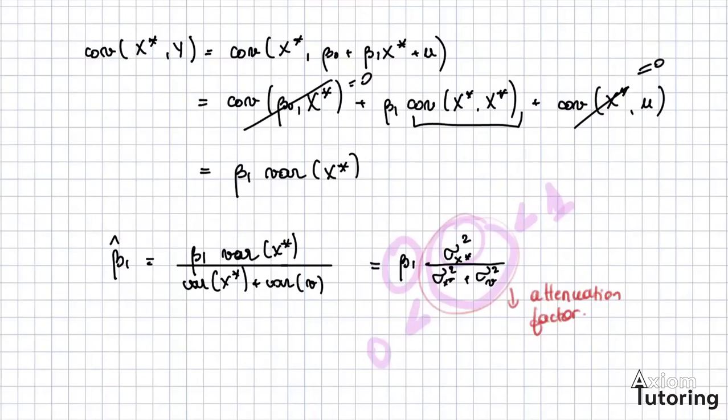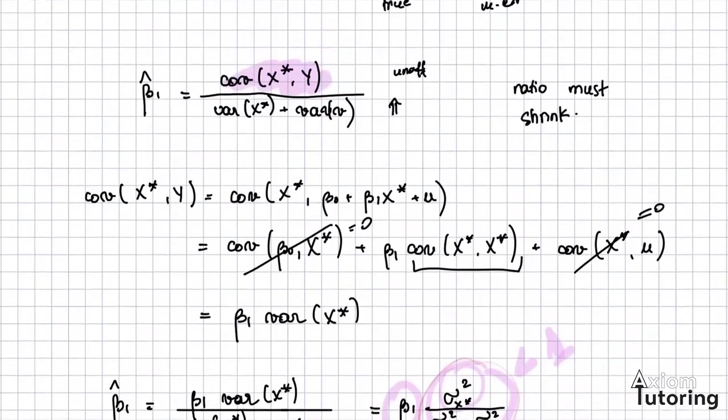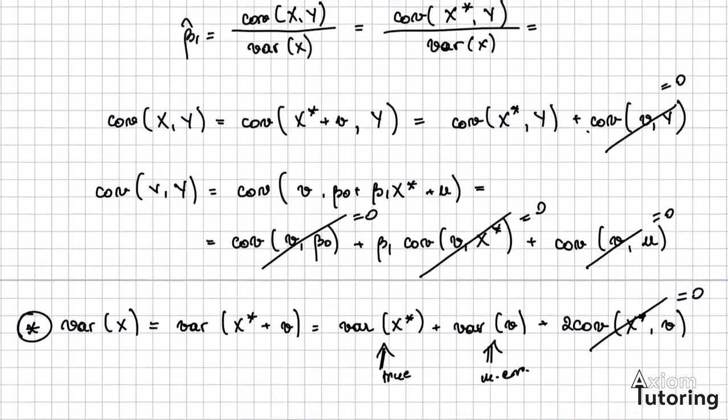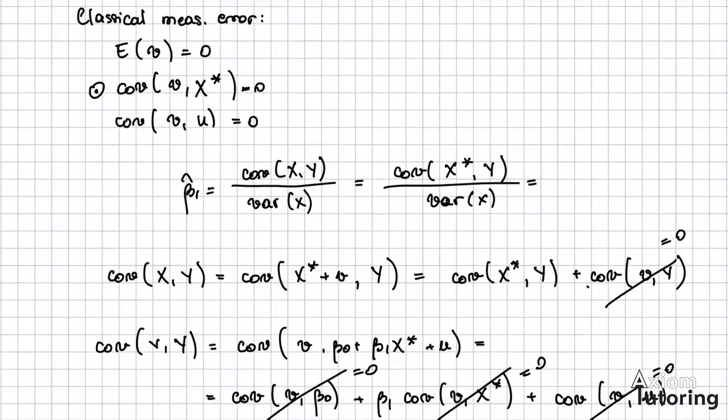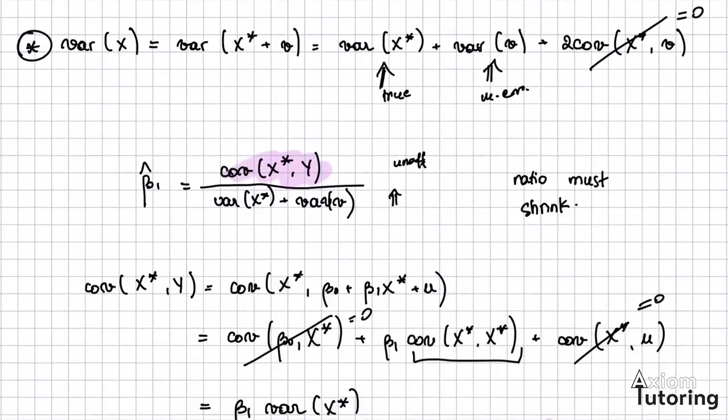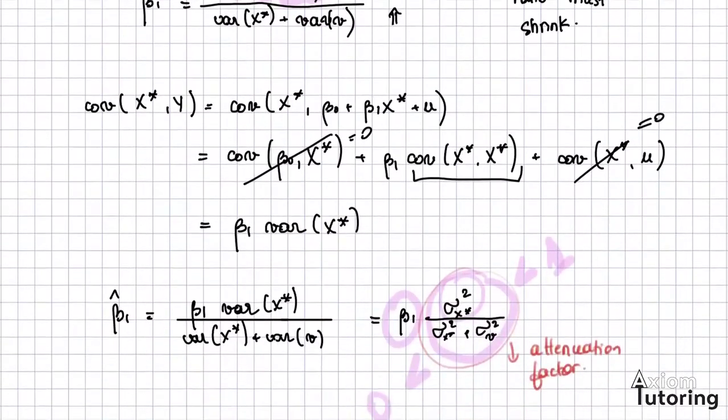So once again, let's very quickly go through how we got to this place. We started from the beta 1 definition that we had, covariance of x and y over variance of x. By further working the covariance of x and y, substituting first the x and then the y, we managed to express that ultimately as simply beta 1 variance of x star.